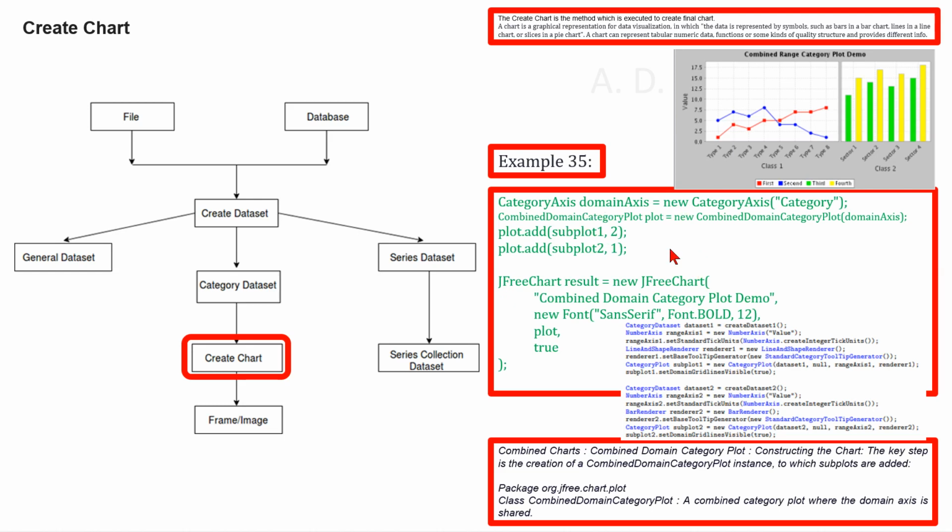notice how subplot 1 has been added with a weight of 2, the second argument of the add method, while subplot 2 has been added with a weight of 1. This controls the amount of space allocated to each plot.